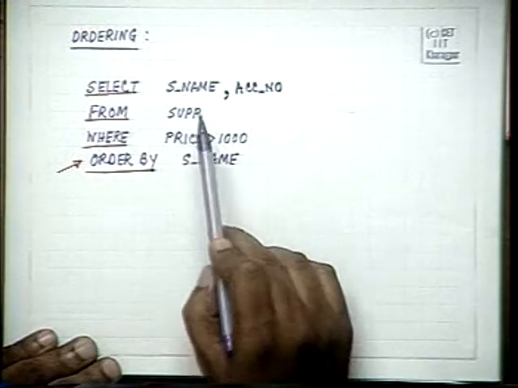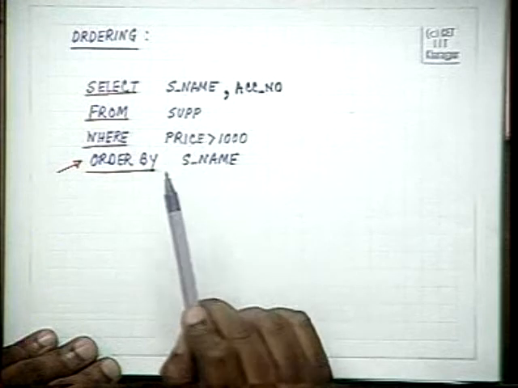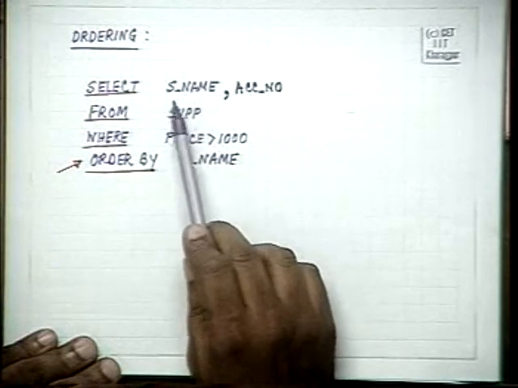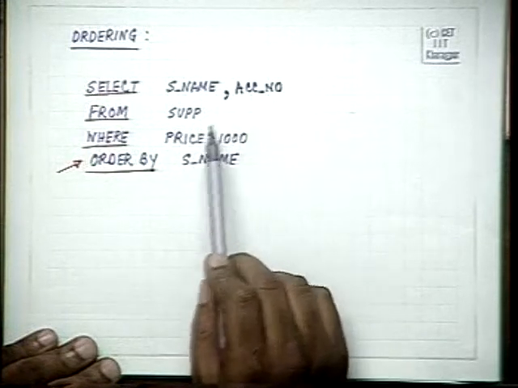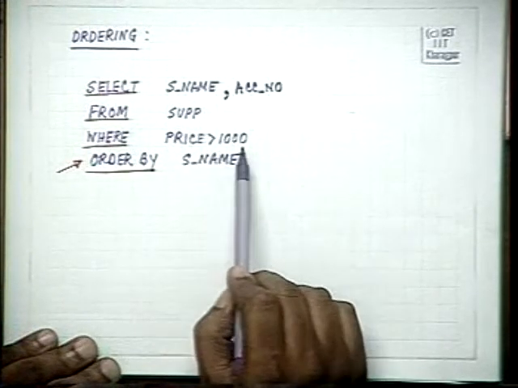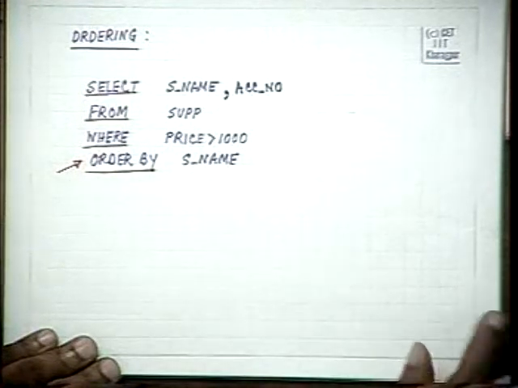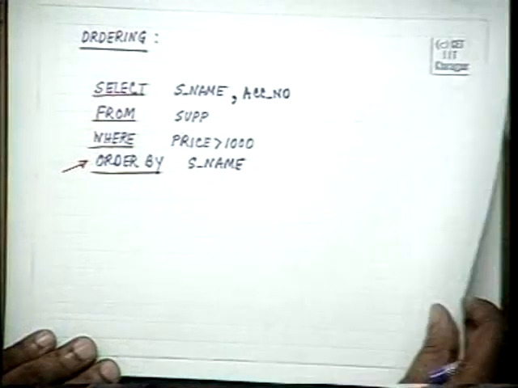So, it will give you the whole thing ordered by supplier's name, but it will give us both the attributes, supplier's name and accession number, from this where price is greater than 1000.